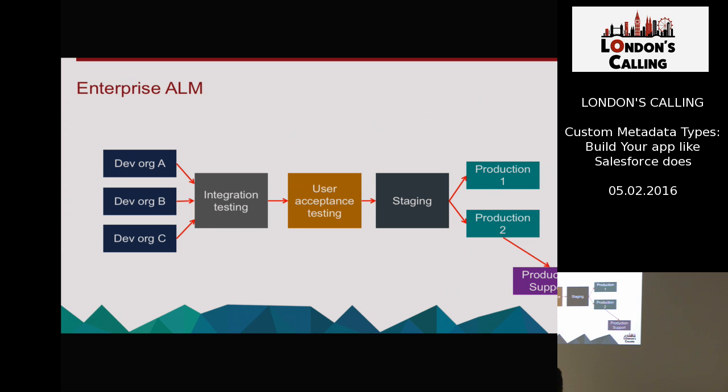When it's time for their actual users to do testing, they push it into a full sandbox. Then they've got a staging area. And then they might have two different versions of production: one that's the current main branch, and one for little internal pilots and that sort of thing.